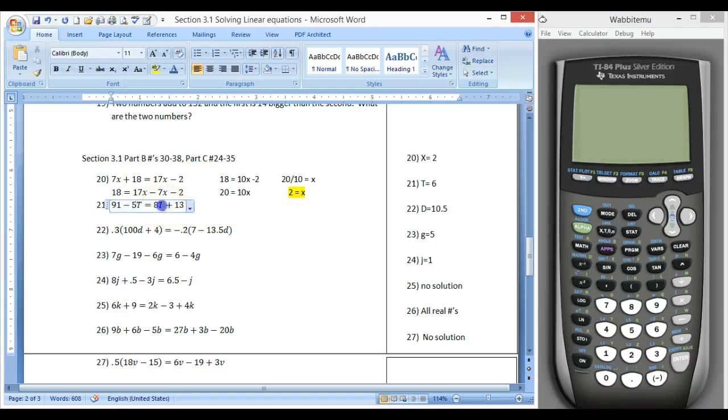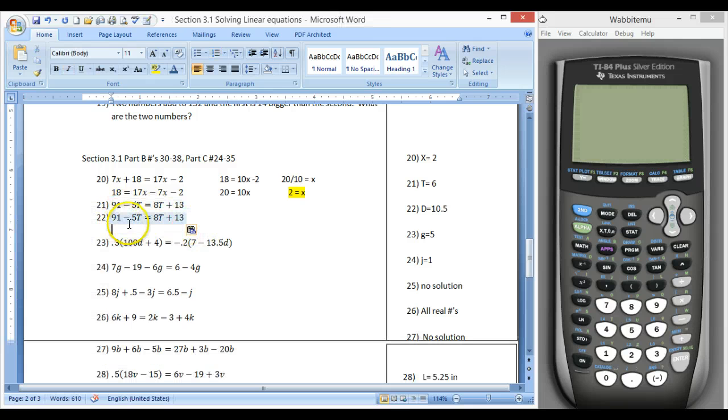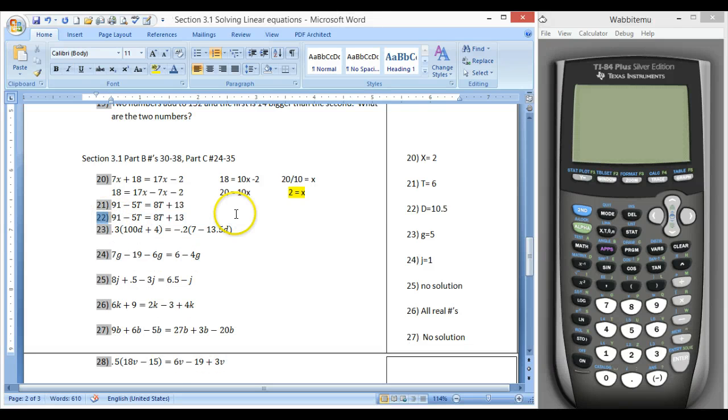To do that, I need to move my 8t over to the left. Because it's a positive 8t, I need to subtract 8t from both sides. So we're going to copy this, paste, work out some of this formatting.